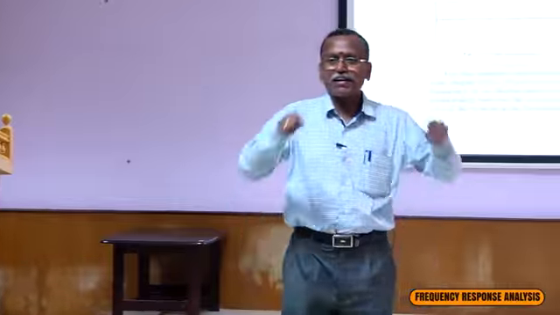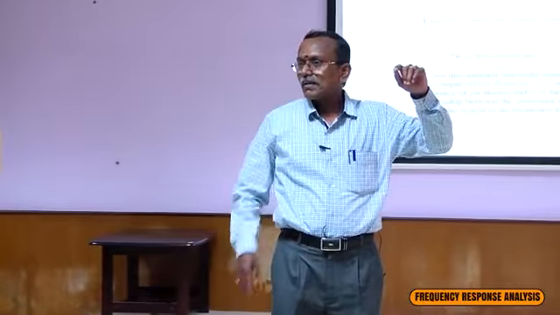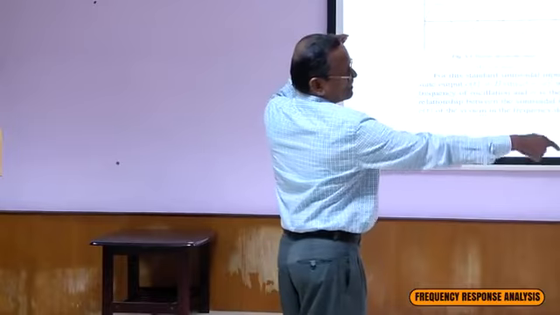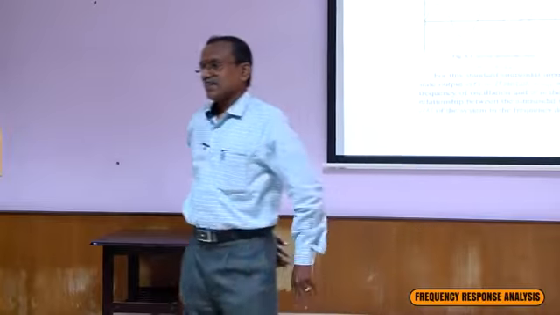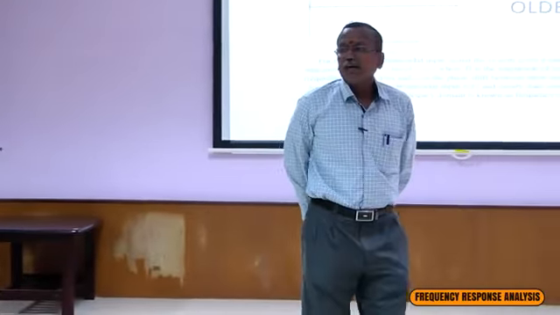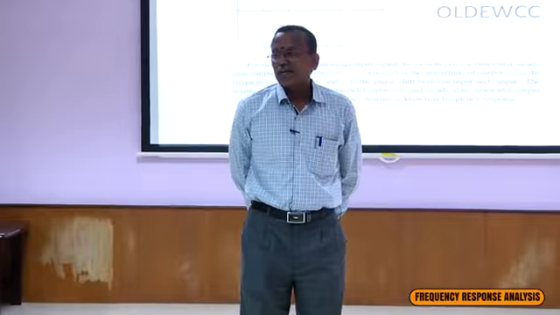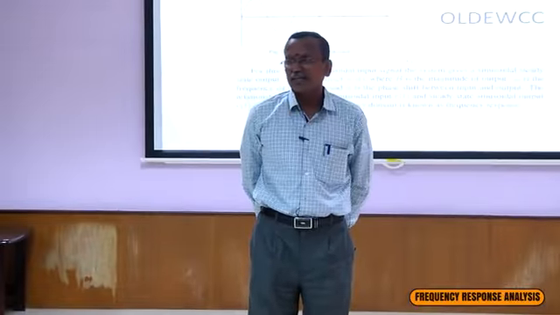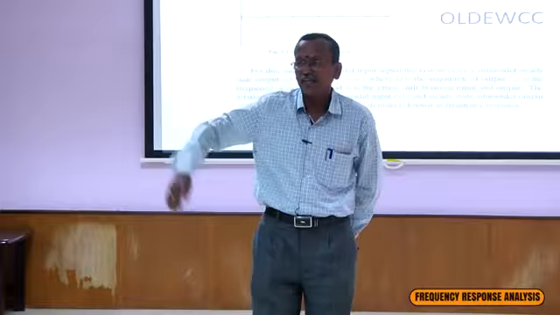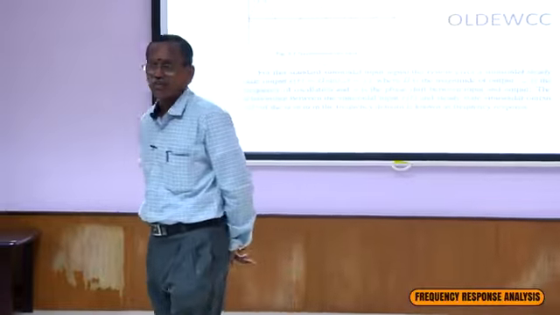It is not trapezoidal, it will be like this. So, low pass filter. All control system components are low pass filters. On the low frequency side it has constant gain. The gain is not decreasing as the frequency decreases.